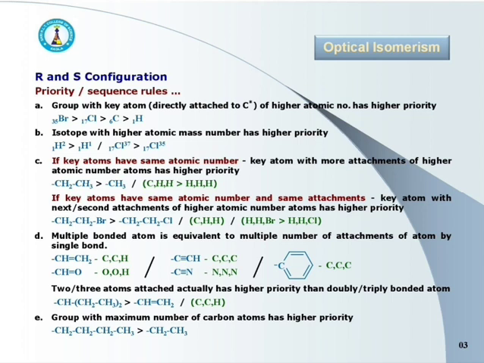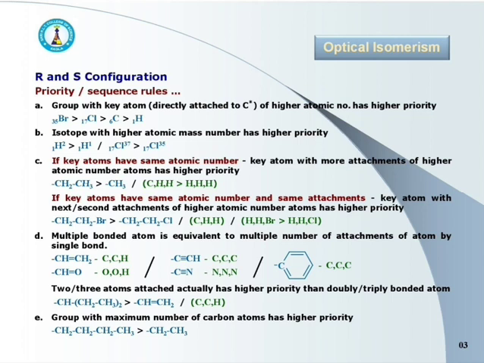If key atoms have same atomic numbers and their attachments are also the same, then the key atom having next or second attachments of higher atomic number atoms has higher priority.